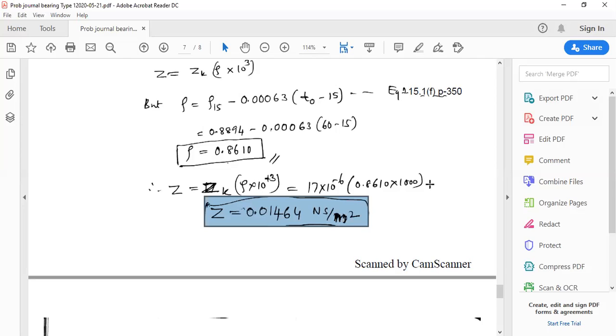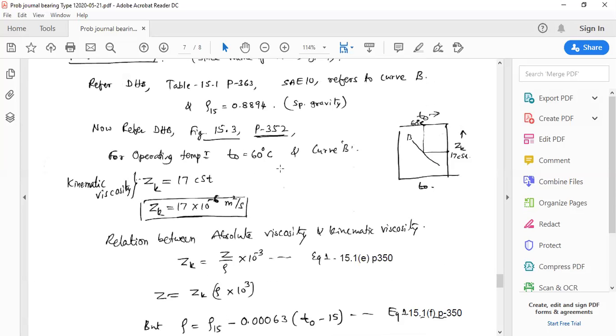So this is the procedure to get the value of absolute viscosity. How to get absolute viscosity with the known value of oil? First of all, we have to know the name of the curve available in the figure from table number 15.1. Also we have to note the specific gravity value at 15 degrees centigrade.